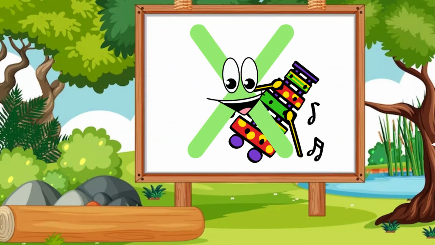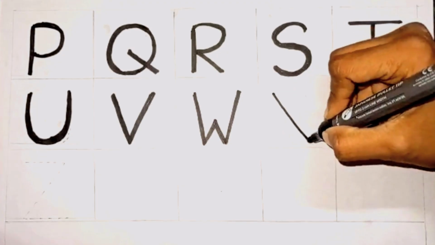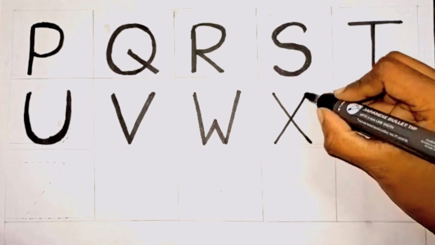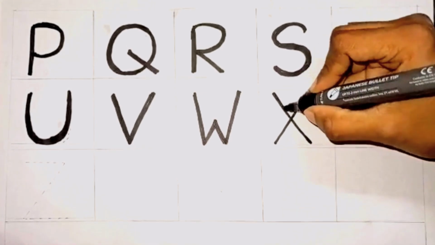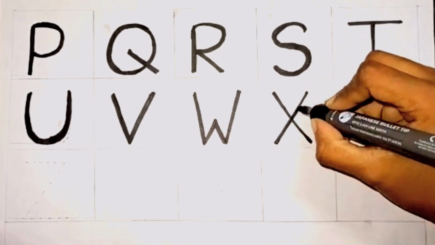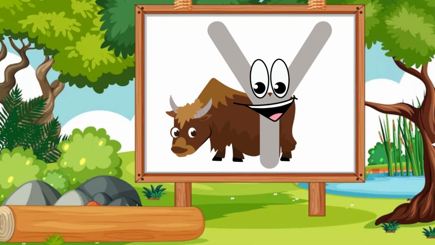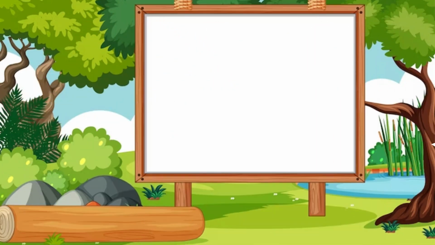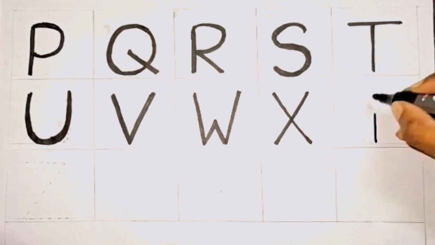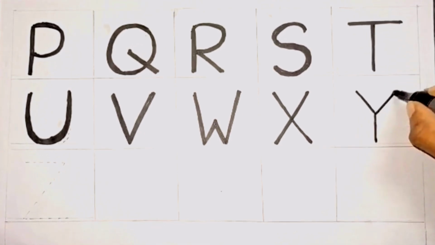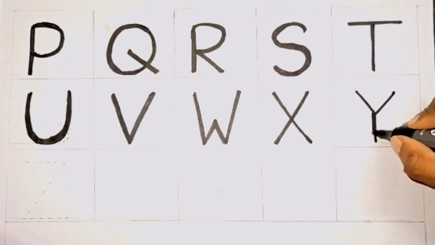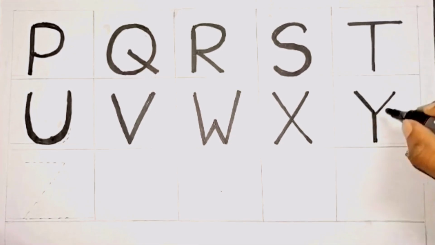X is two slanting lines crossing one another. This is your X. For Y, standing line, two slanting lines touching the line.